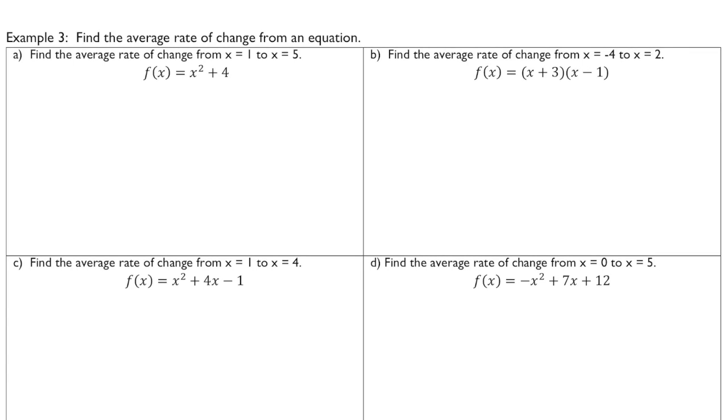Here we go. So we are going to be given an equation, and we are going to find the average rate of change. So you will need to follow along now, and if you need to pause the video to catch up, you just need to ask to do so.